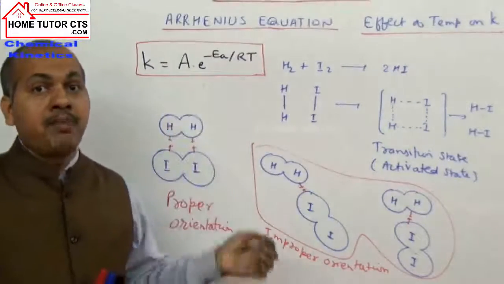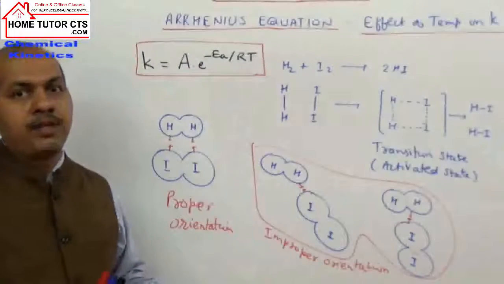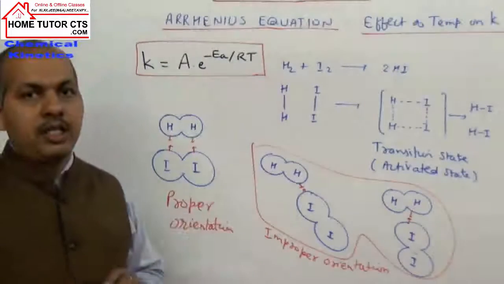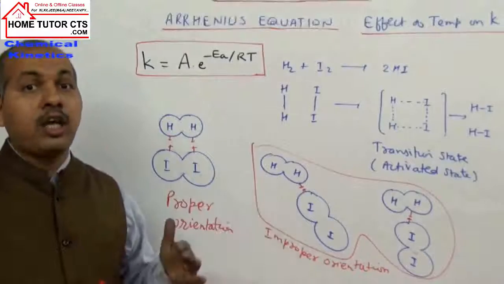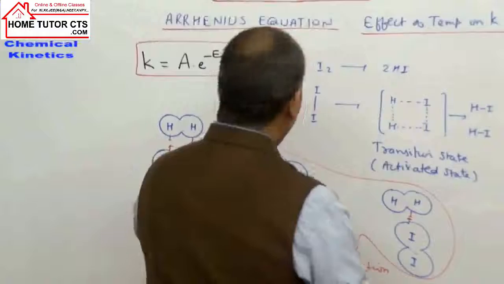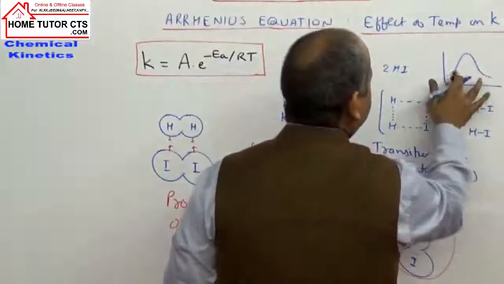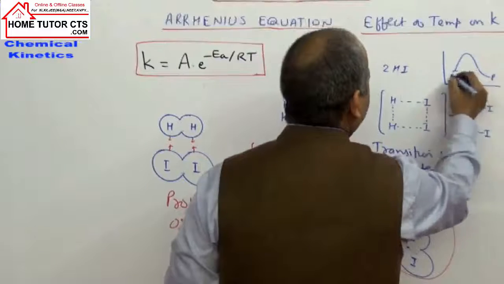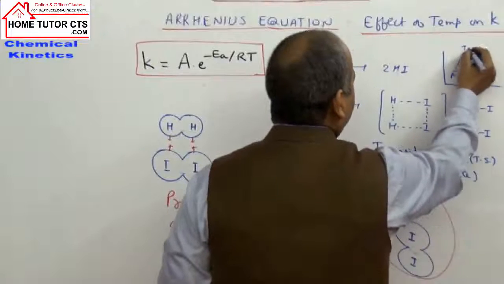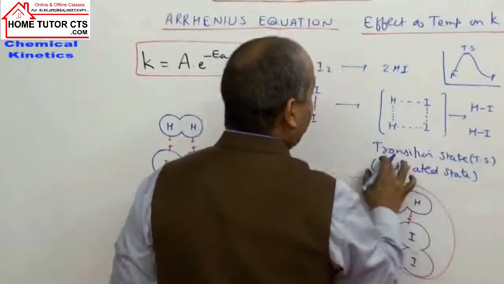For the collisions to be effective in nature, they should have proper orientation as well as sufficient energy. उनमें energy भी चाहिए plus they should also have proper orientation. अगर एक भी missing होगा, collisions cannot result into product formation. And in the graph we discussed some time back, the highest energy point, with reactant and product on either side, I write TS, is taken as the molecules in the transition state.